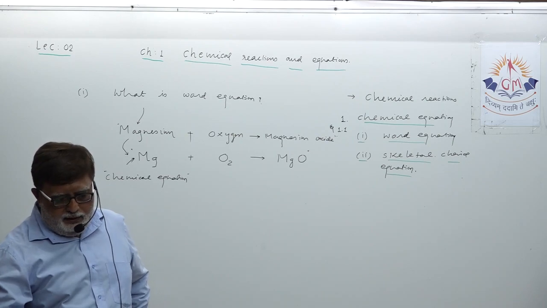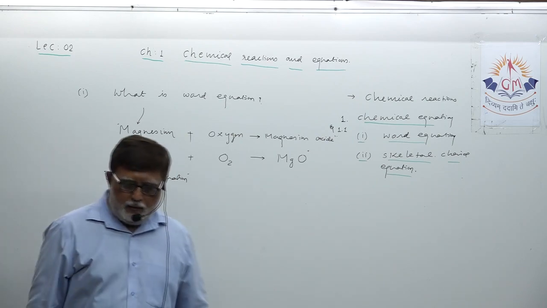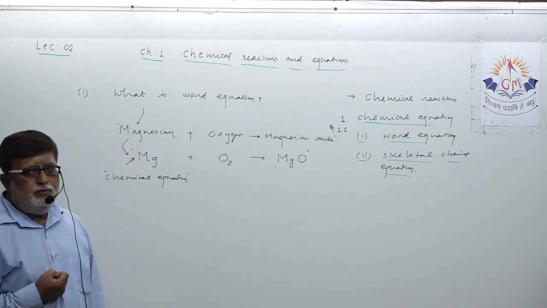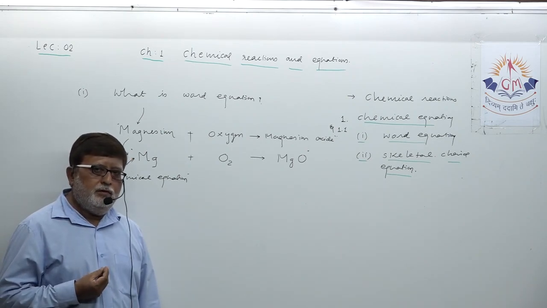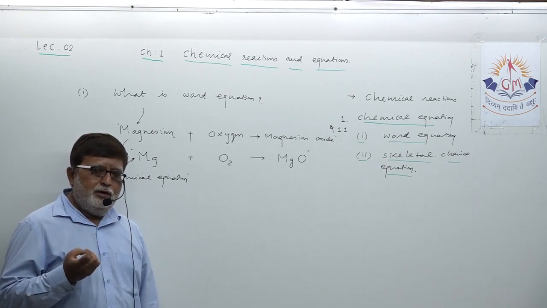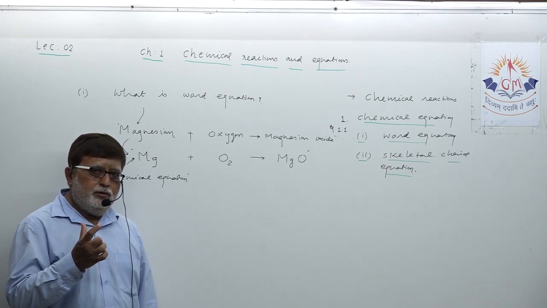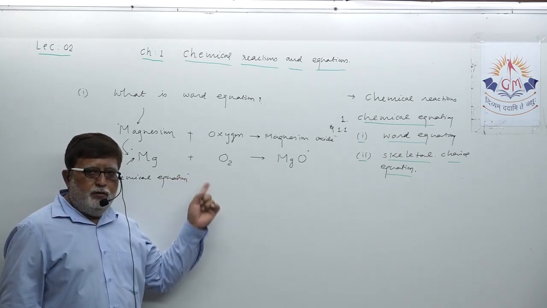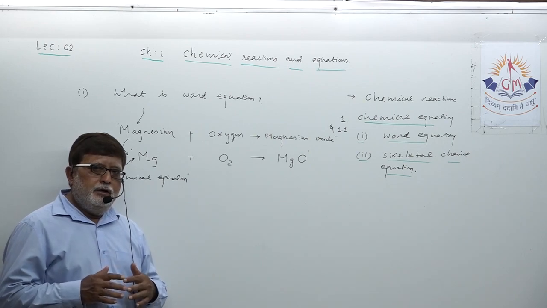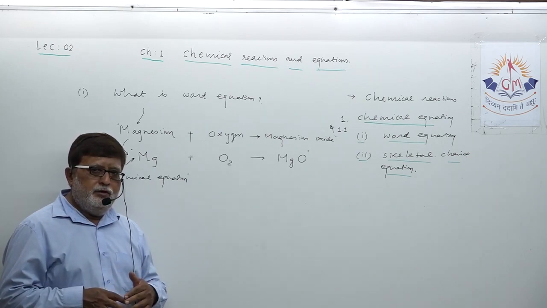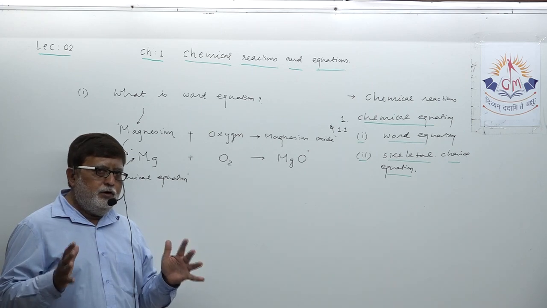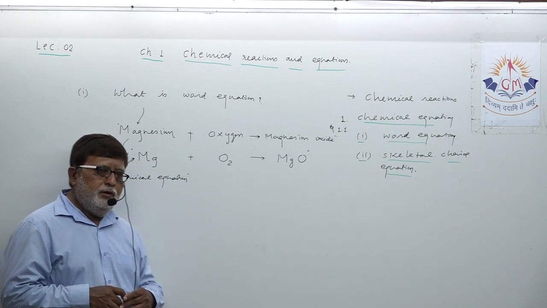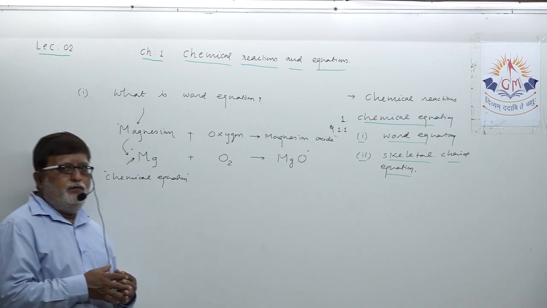So if anybody asks you, what is a word equation actually? What is a chemical equation? The chemical equation is a short, accurate, concise way of writing any chemical reaction in short and sweet form utilizing chemical symbols and molecular formulas.